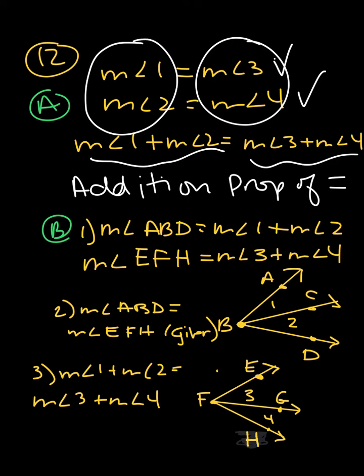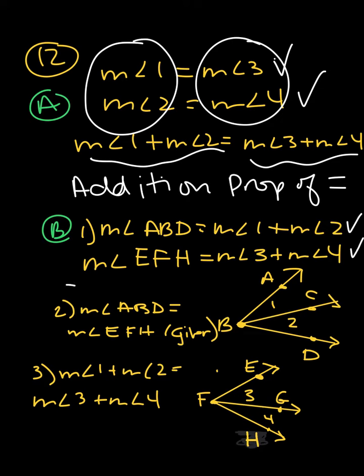I know, looking at my diagrams, that two small angles equal a big angle. So in number 1, the measure of angle ABD is equal to the measure of angle 1 plus the measure of angle 2. And the measure of angle EFH is equal to the measure of angle 3 plus the measure of angle 4.